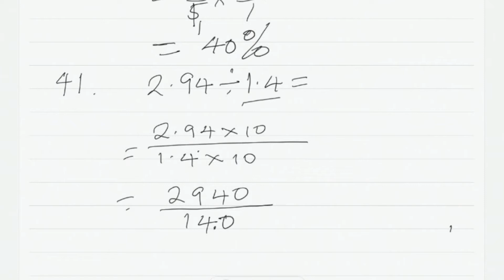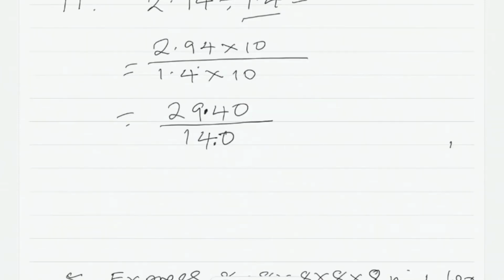How many decimal places there? 1. So our divisor now has changed from a decimal fraction to a whole number. So we are going to have now the number that we are going to divide. Just a minute.